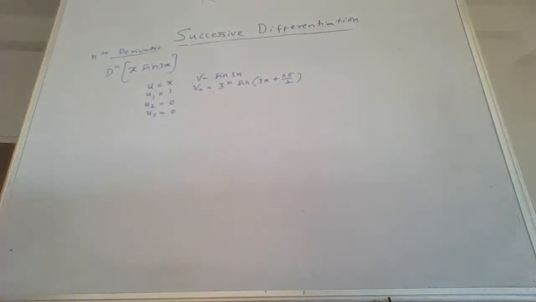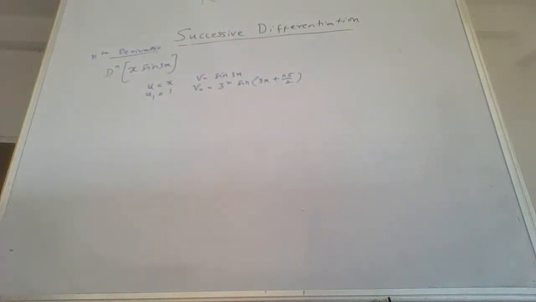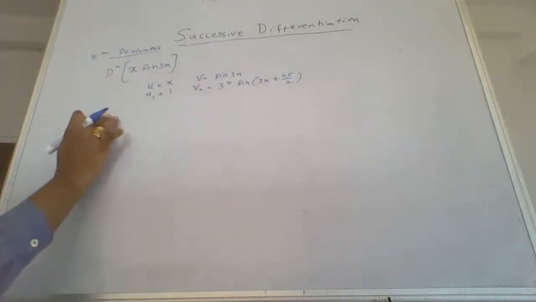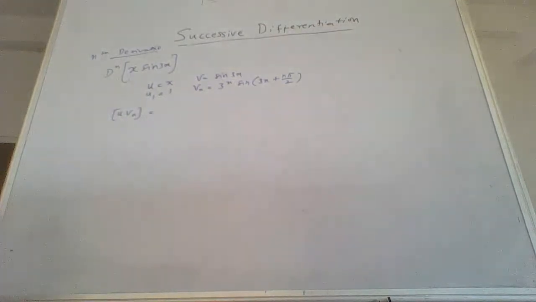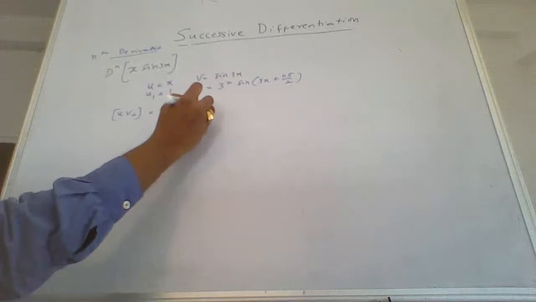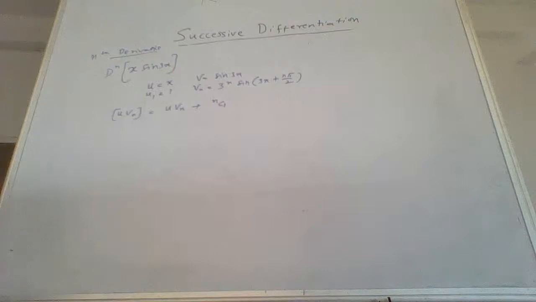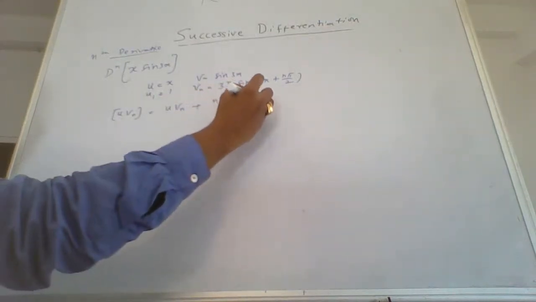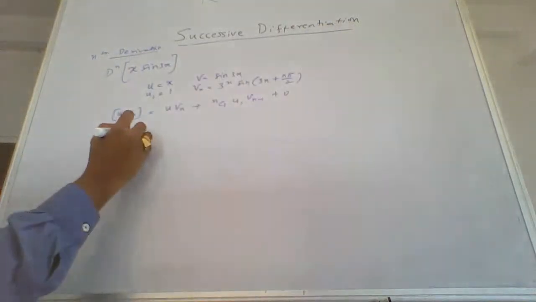Here you can consider up to u1, and the next terms will be going to 0. So let us find that. Consider u vn. This will be u vn plus nC1 u1 vn minus 1, and the rest of the terms will be 0.